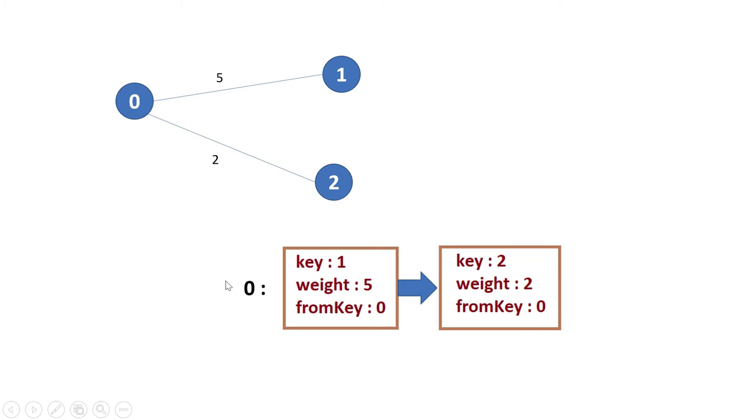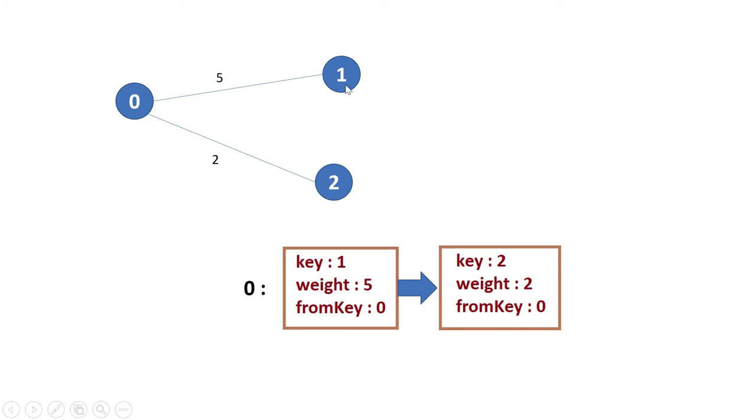If I am maintaining a list of adjacent nodes of 0, then previously we used to mention 1 and 2 in 0's linked list portion. Now, it is a style of doing, actually we can use anything. What I have done is, a single value in the linked list I have represented as a node, and that will have 3 variables: key, weight, and from key.